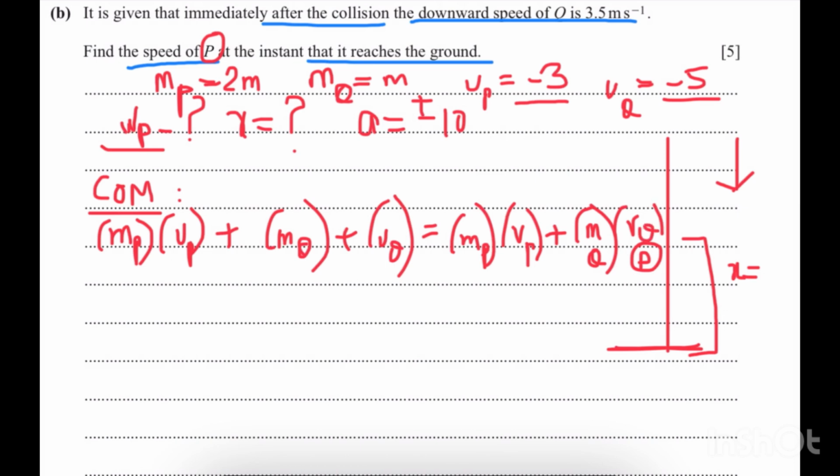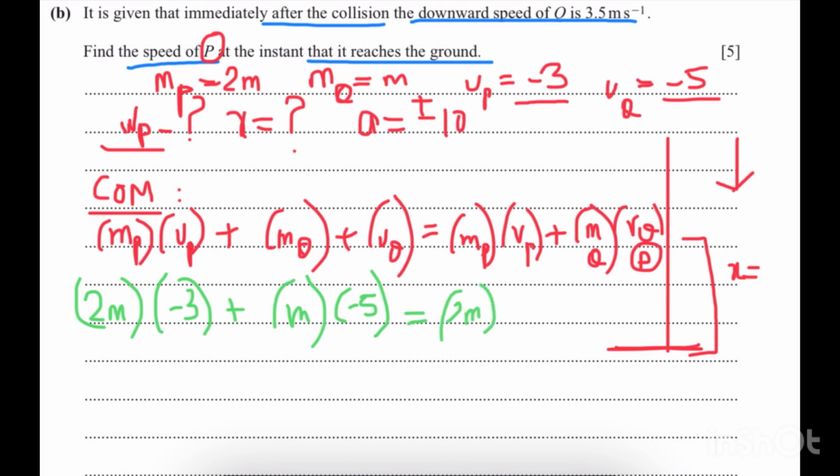So we can substitute the information with what we already have. The mass of P was 2m and the velocity was minus 3. And the velocity of Q was minus 5. And then I'll substitute the other side.